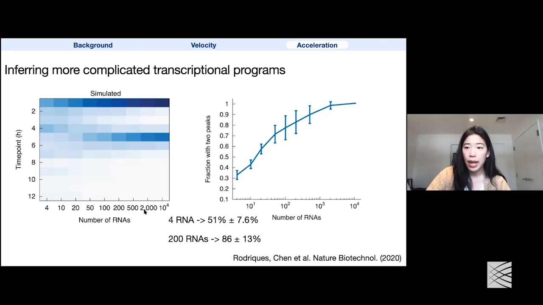So here, the x-axis is the same as before, the number of RNAs that you're using to sample your sets, and the shading is the predicted time points. And with 10 RNAs, we're able to identify these 2 different peaks about 51% of the time. If you're able to sample 200 RNAs from this program, that increases to 86% of the time.